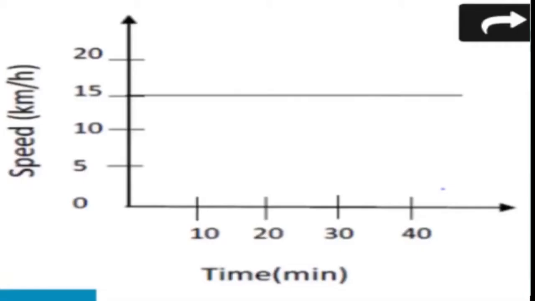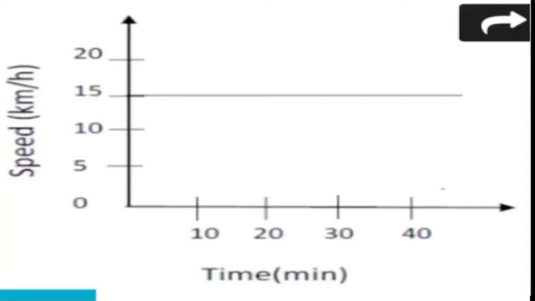The first case is the one in which the speed is constant. See this graph, students. Here time is in minutes and speed is in kilometer per hour. The unit kilometer per hour is also a unit of speed. In this graph, within the first 10 minutes the speed is 15 kilometer per hour.